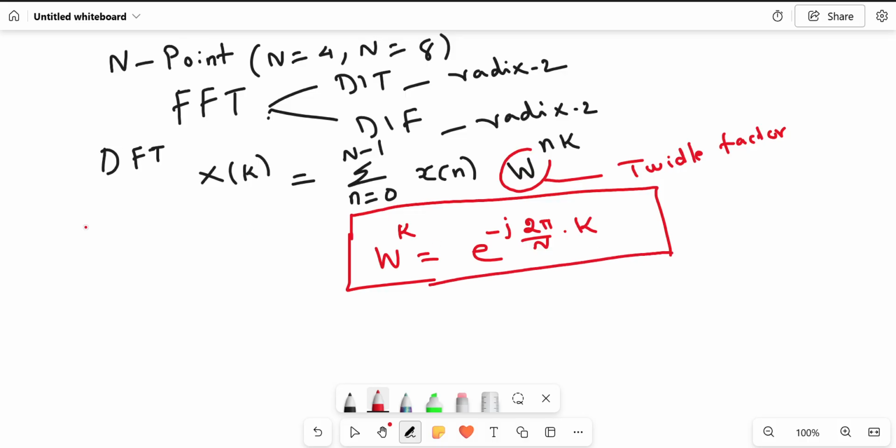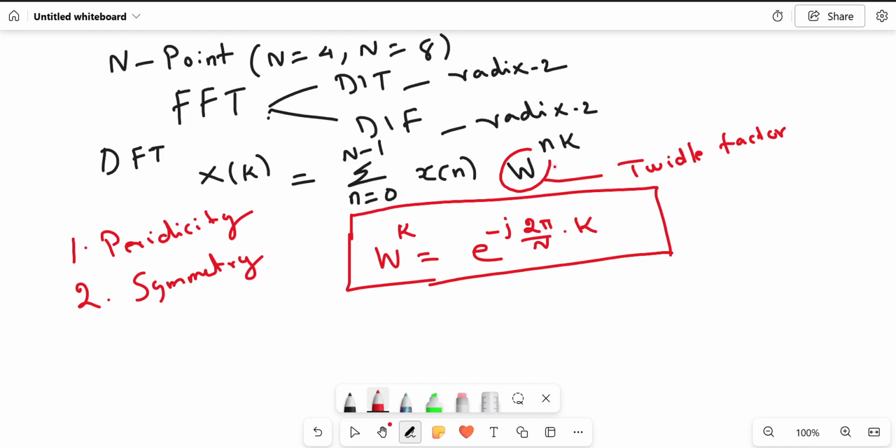So last class we discussed the important properties of the twiddle factor. One is the periodicity property, the other one is the symmetry property, because W power kn possesses a circular symmetry.